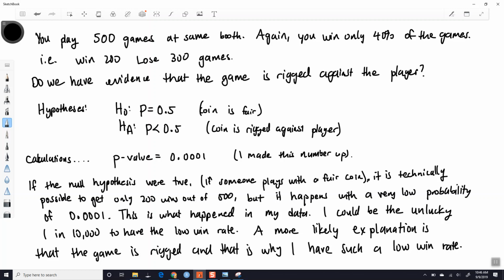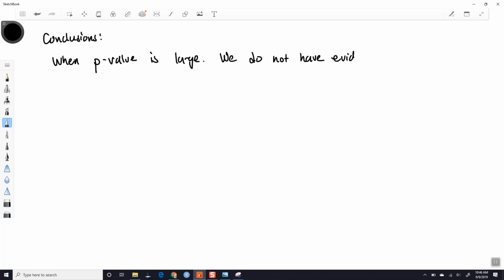So the conclusions are, when the p-value is large, we do not have evidence to reject the null hypothesis.